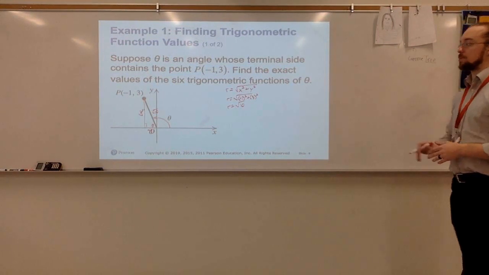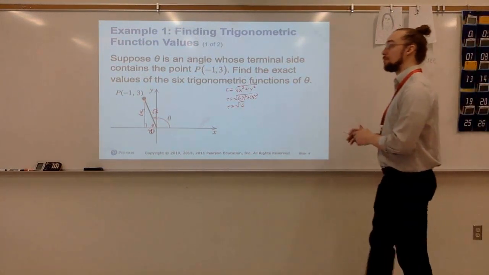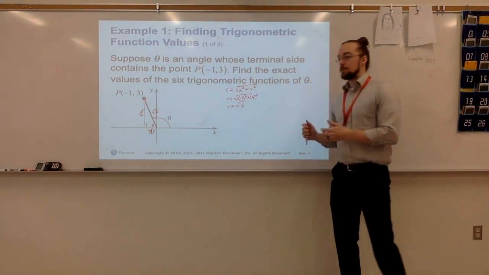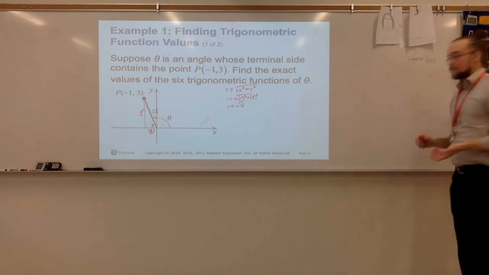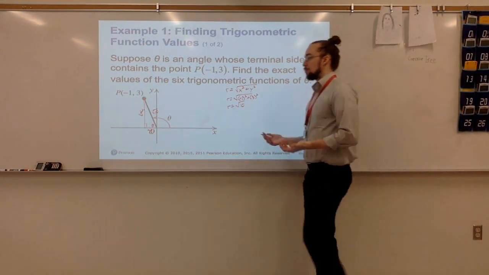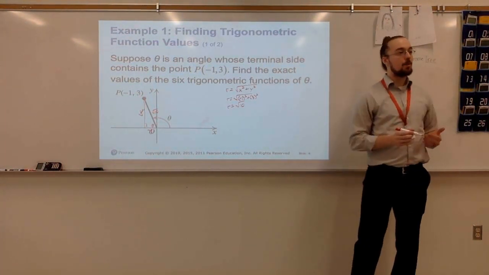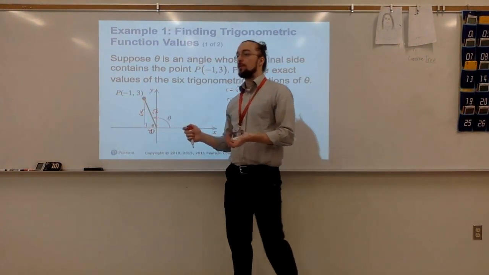We'll talk about why that is in a second with reference angles. This is really all we're doing. You can memorize that sine is y over r and cosine is x over r, but all we're really doing is constructing this right triangle. You don't have to memorize all 6 of those things. All you have to know is SOHCAHTOA, basically.